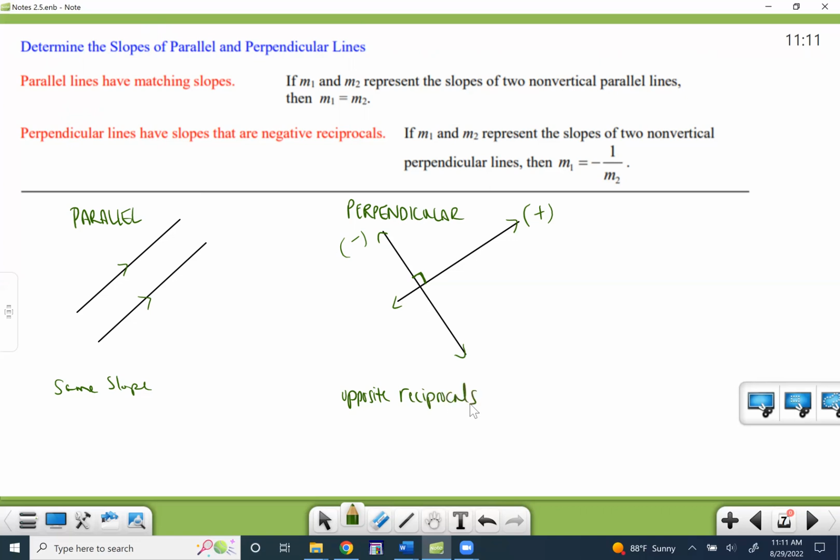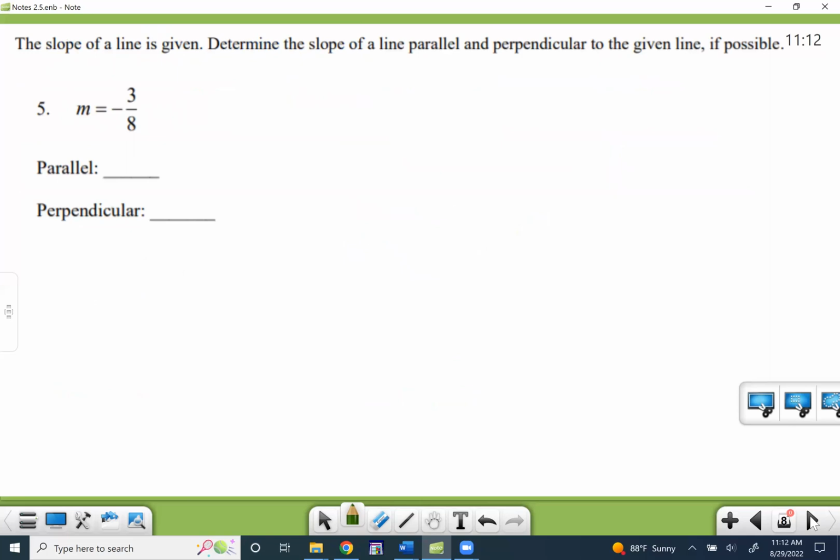Or just a non-mathy way, flip it and change the sign. Okay, flip it and change the sign. They say it extremely mathy up here, but this is basically their way of saying flip it and change the sign.